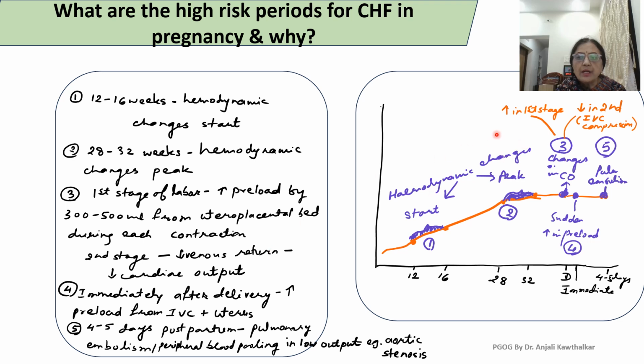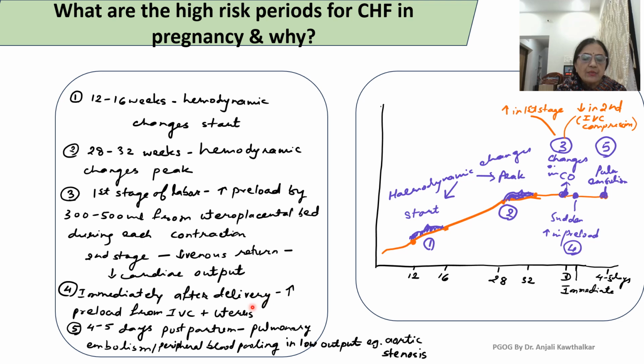So that is how the cardiac output keeps on changing in the first and second stage of labor, and that adds to the burden over the heart. Labor is another period when the patient can go into failure.